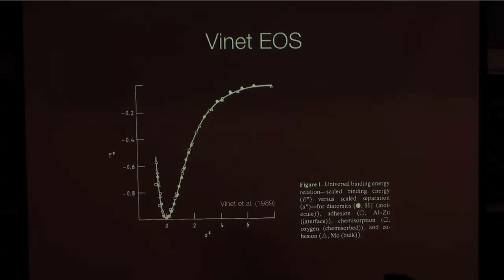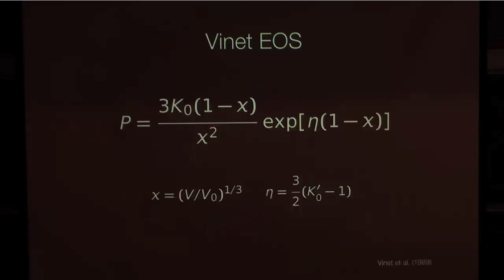He normalized with certain parameters, energy and distance, and scaled them, and found that all the data from a variety of different materials magically fall into a relationship that resembles the pair potential quite nicely. By fitting this data into a curve like this, he was able to get energy described as a function of a scaled distance between atoms. Then he took the first derivative with respect to volume and got this equation of state.